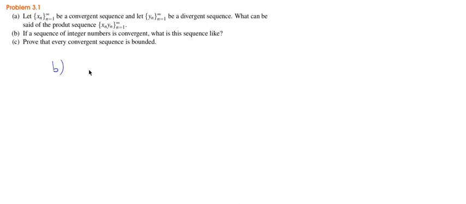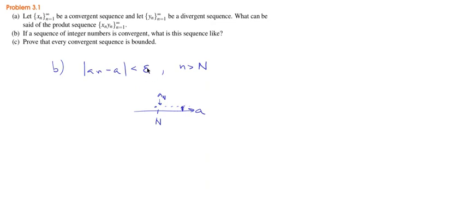If a sequence is convergent, then that means that the difference between a sub n and a, being the limit, has to be smaller than a given number epsilon, for all n after a given number capital N. So as you go on increasing your n, there's a point after which the difference between the value of a sub n and the value a can be as small as you want.